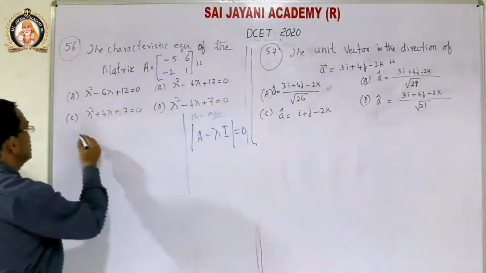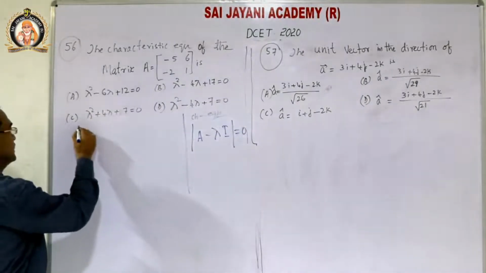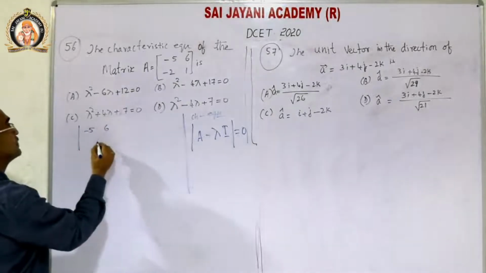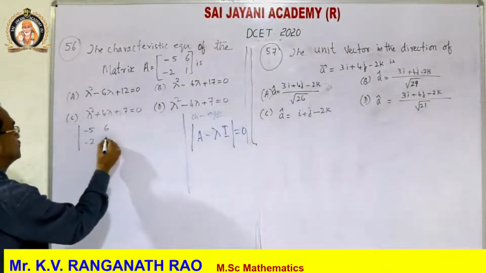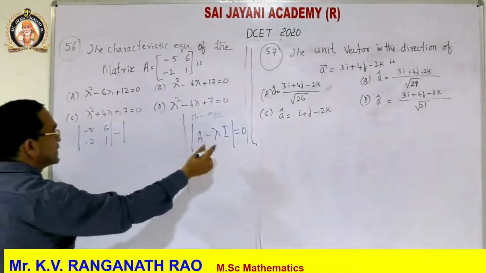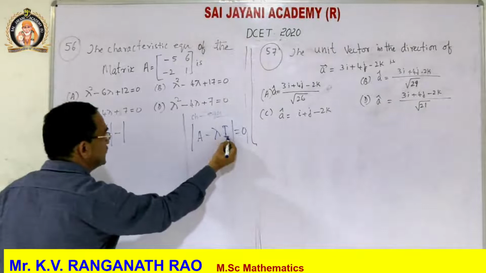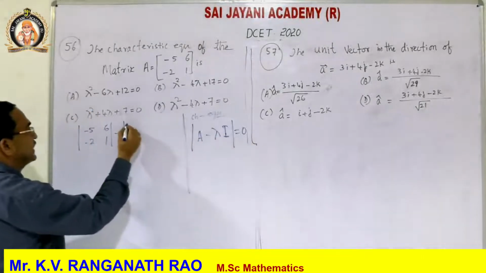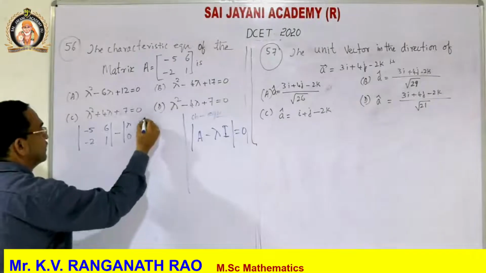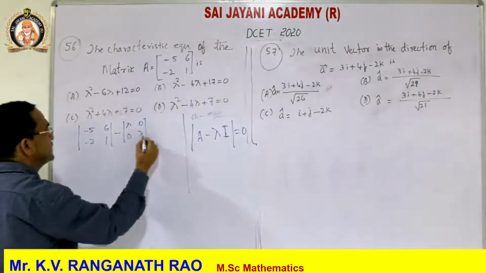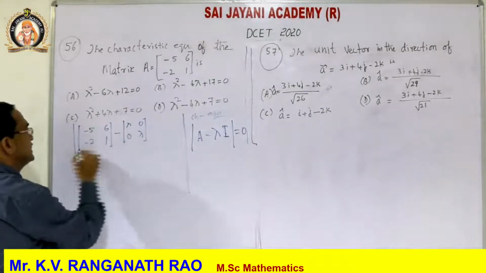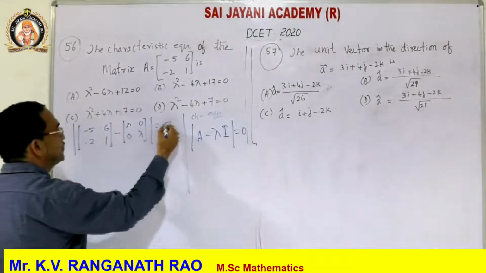According to that, this can be written as the determinant of the A matrix, which is minus 5, 6, minus 2, 1, minus lambda into the I matrix. What is the I matrix? As we know, it is the unit matrix. While multiplying with lambda, we have lambda, 0, 0, lambda. This is the matrix sign, whereas this is the determinant sign. This is equal to 0.